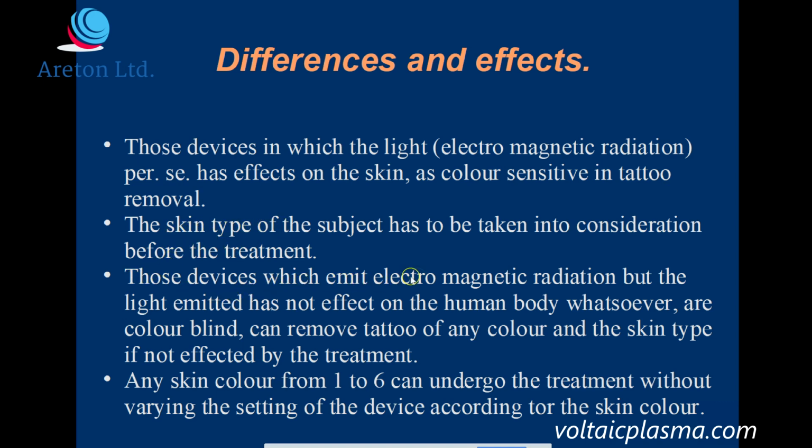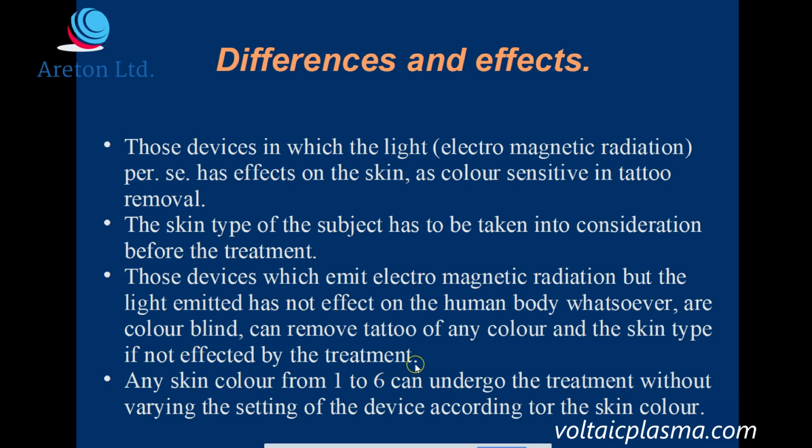Those devices which emit electromagnetic radiation, but the light emitted has no effect onto the human body whatsoever, are color blind, can remove tattoos of any color, and can be used on any skin type, and that's it.